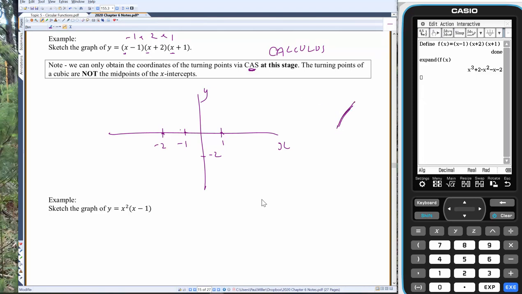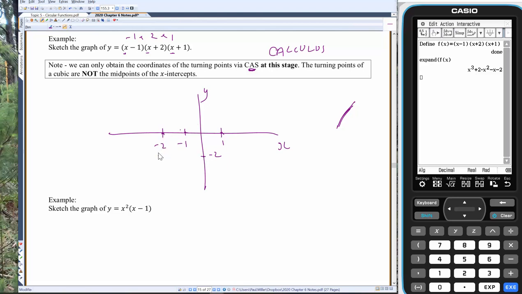Okay, right, so here goes my attempt at drawing it. So what I'm going to do is start with a positive gradient, go down through the x-intercept and there. Okay, now the one thing to note here is that it does not turn on the x-intercept, so I don't like that graph. Okay, so what's going to happen with a cubic is that it never turns at the midpoint. So this one will turn either just before or just after that y-intercept there.